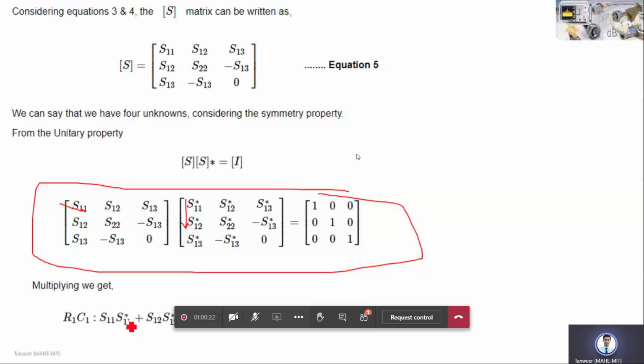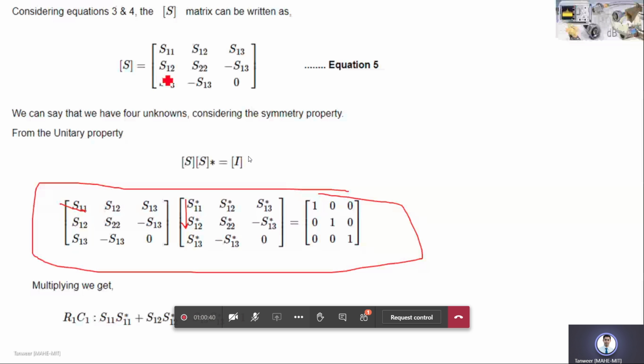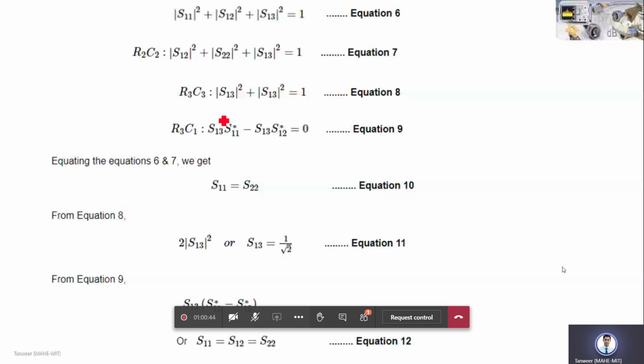which will be equal to 1. So basically, mod of S11 squared plus mod of S12 squared plus mod of S13 squared is equal to 1. Similarly, you can do the same multiplying R3 with C1, and R3 with C3, and you will get this value.